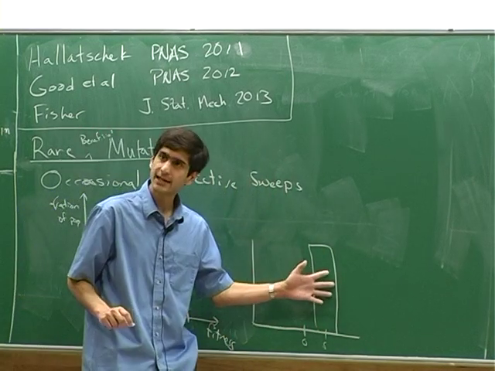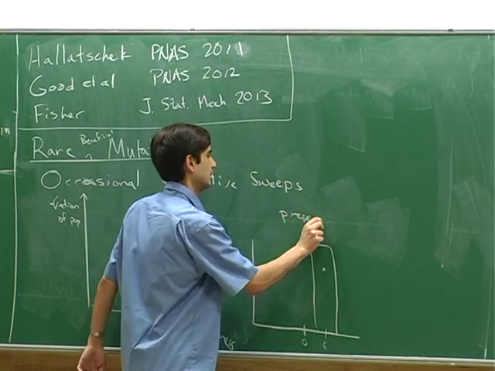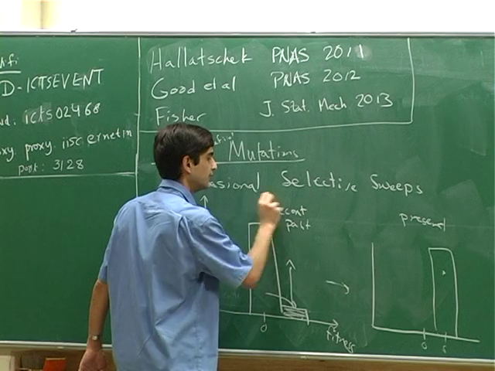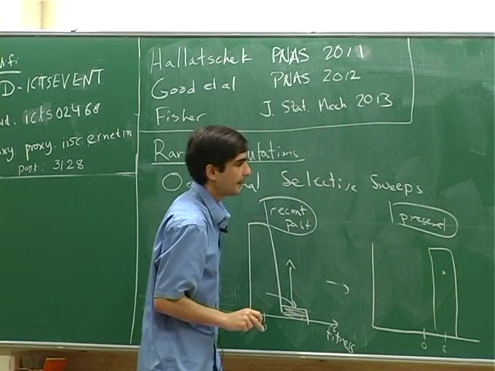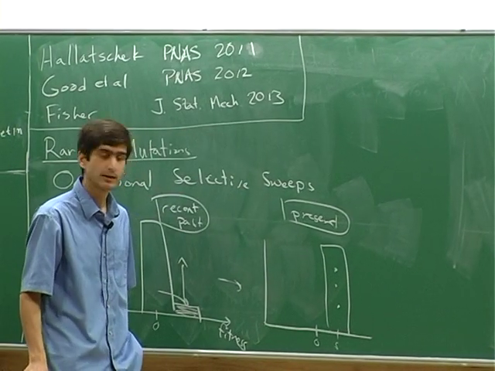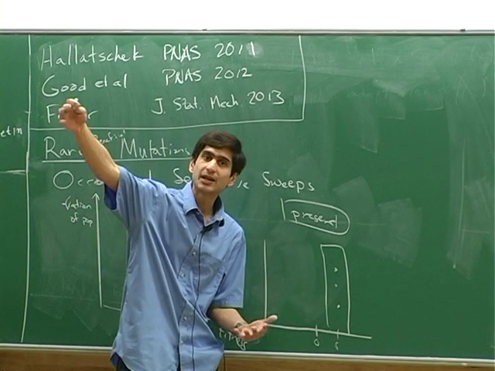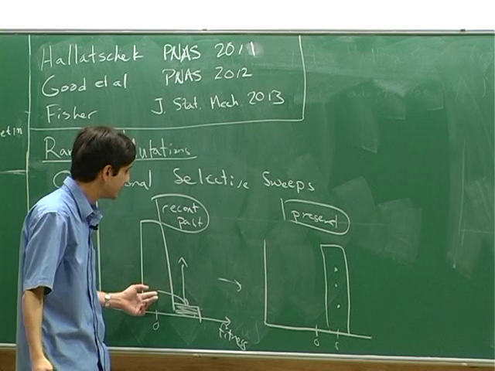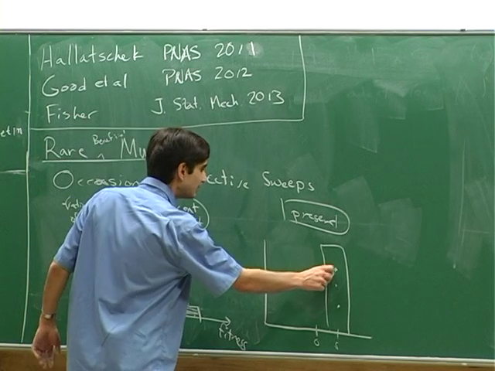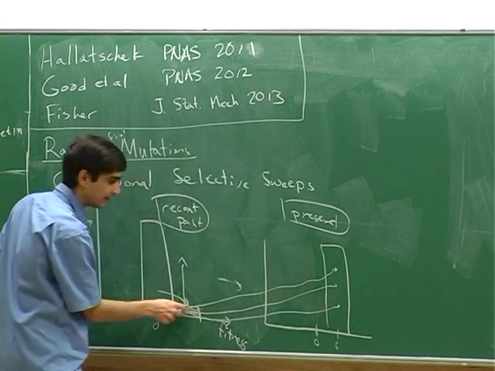And if you were sampling individuals from the population at this time, so this is, say, the present, and this is the recent past over here, and you imagine taking a few individuals from the population at this time and sequencing them, they recently were the subject of an exponential expansion of a single individual that mutated from here to here and then exponentially expanded. When we think about their genealogy, they trace back to that single individual, right?